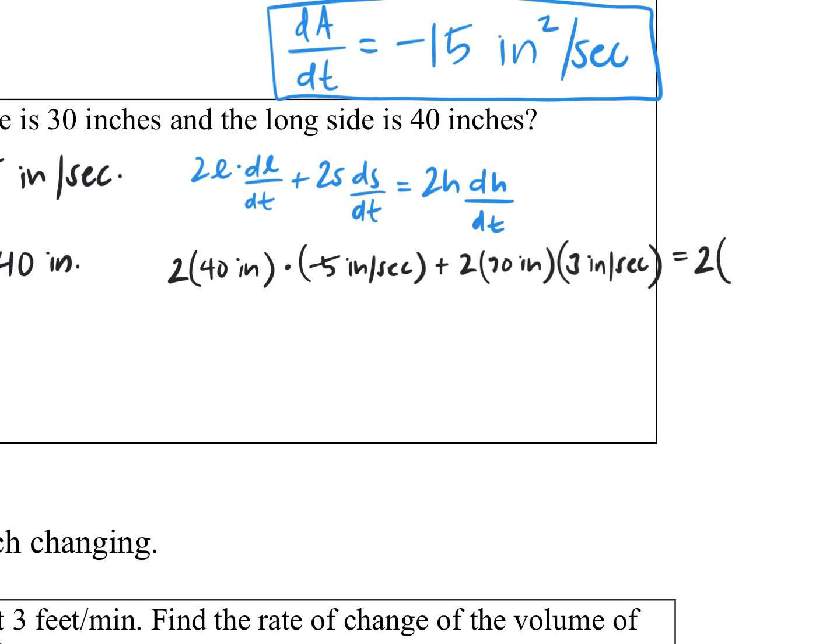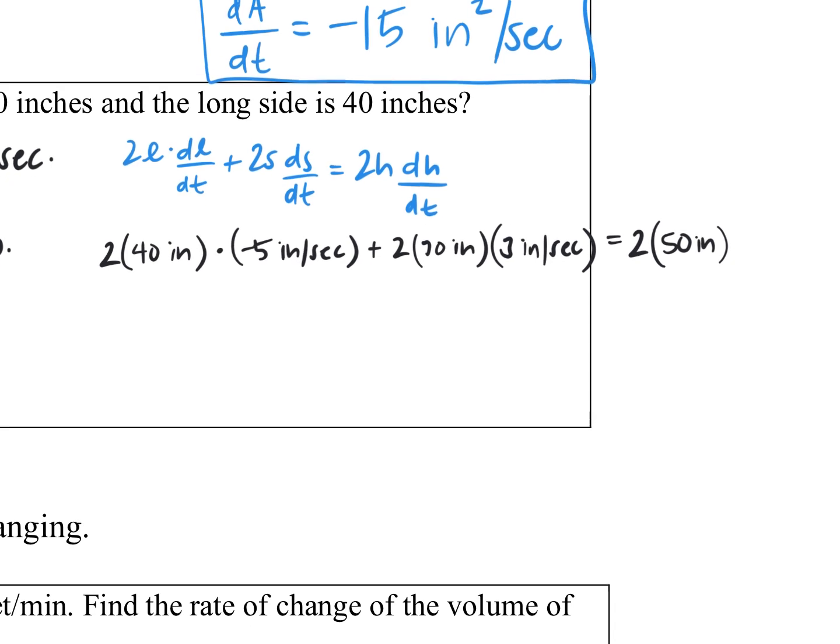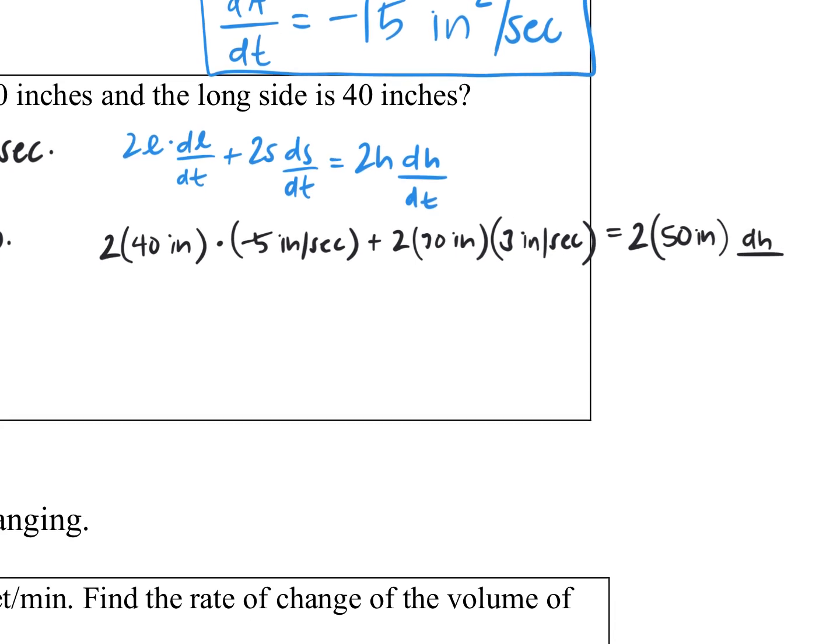My hypotenuse was 50. We found that with the Pythagorean theorem. And then I don't know what dh dt is. That's what we're trying to find. On the left-hand side, if I look at my units, I have inches times inches per second, and then inches times inches per second. So my units on the left-hand side are inches squared per second, right?